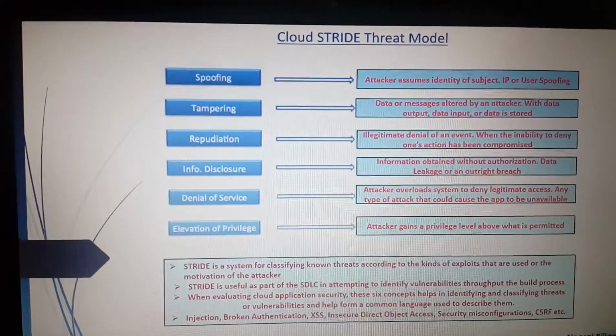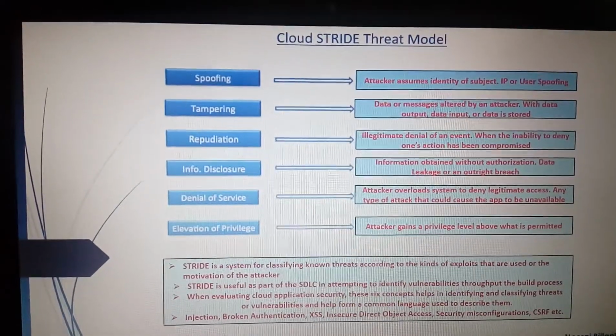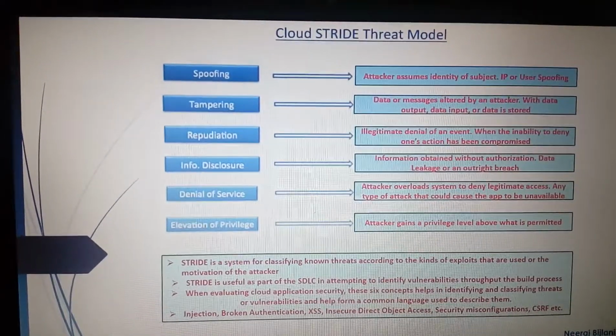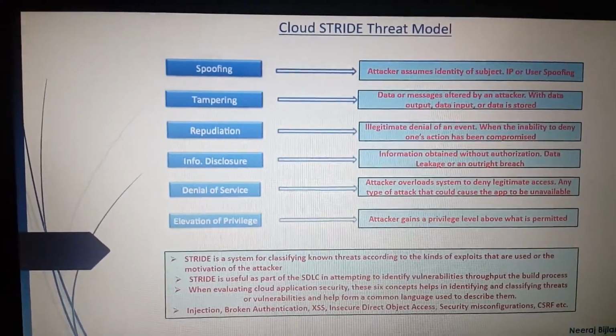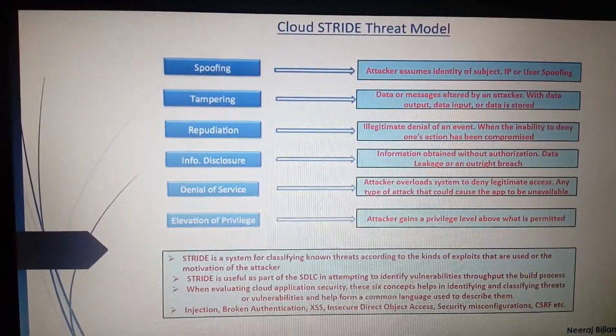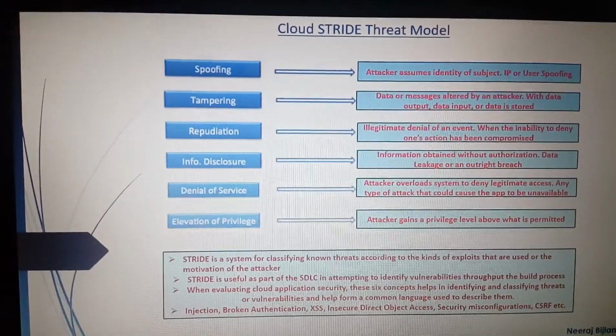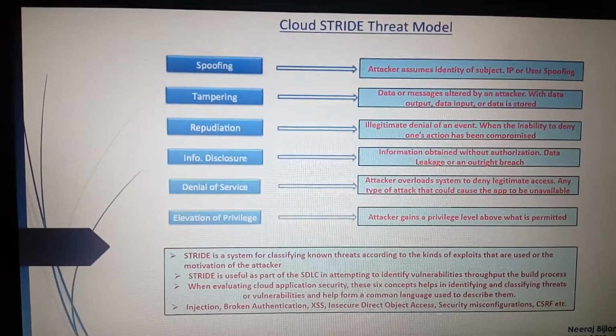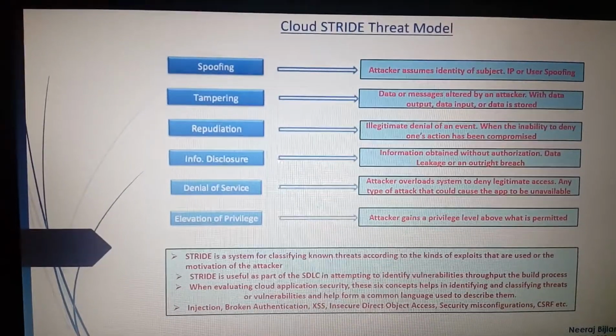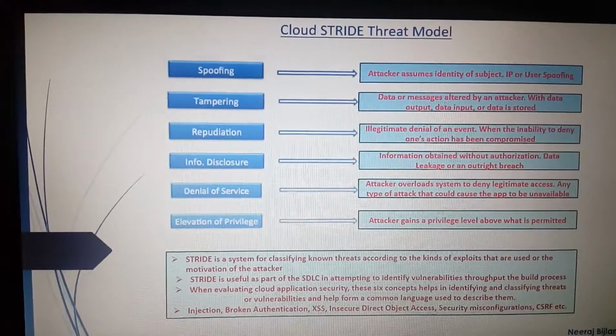This is particularly useful as part of the SDLC process, where the applications are developed keeping in mind the STRIDE threat model. Then the applications will be developed in the cloud in a more robust way.